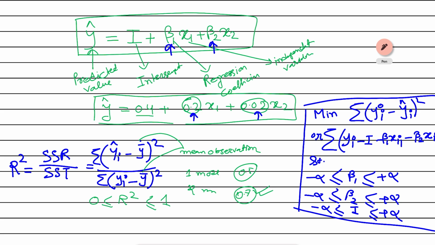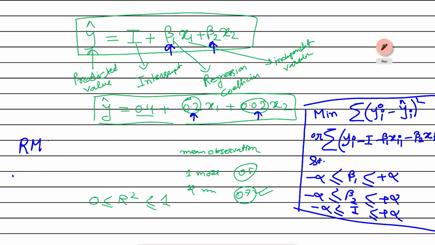Another metric we generally use is the RMSE value, or sometimes MSE is used. If you take the square of RMSE, you will get the MSE. RMSE is the square root of the sum of y hat minus y squared, divided by n. Here n is the number of observations, y hat is your predicted value, and y is the original or observed value.